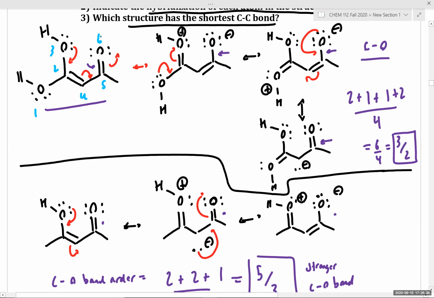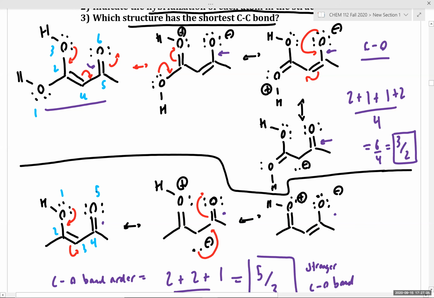So in this case, we have 6 atoms compared to 5 atoms. The more atoms that you're distributing and delocalizing your electron density across, in general, the weaker your average bond order is going to be, assuming the same amount of electrons distributed.